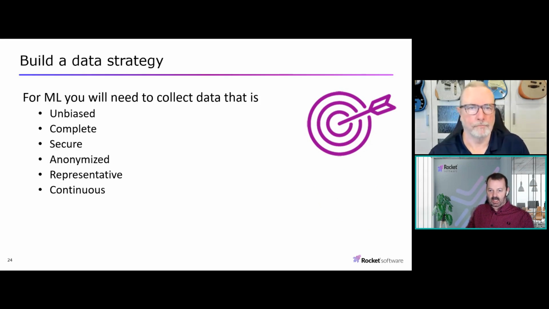The quality and type of data that you collect requires careful thought, and it should meet all of these requirements. It should be unbiased, comprehensive, secure. To deal with PII, it needs to be anonymized. It must be representative to make sure testing is appropriate, and it needs to be continuously updated.